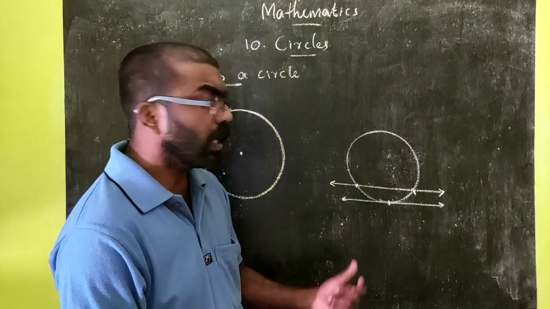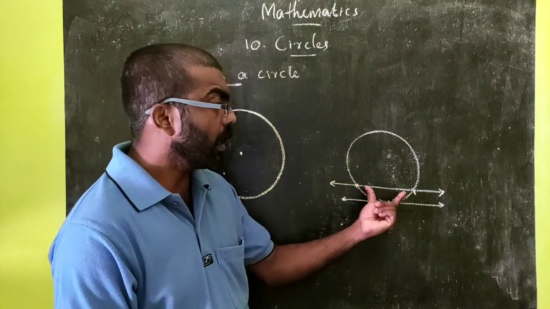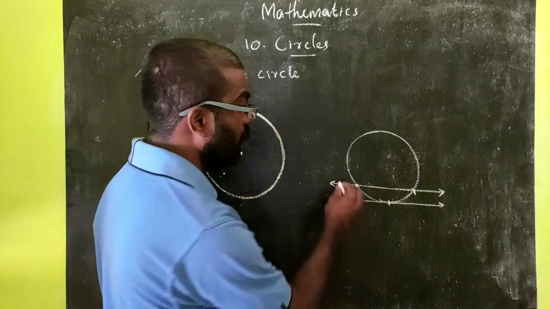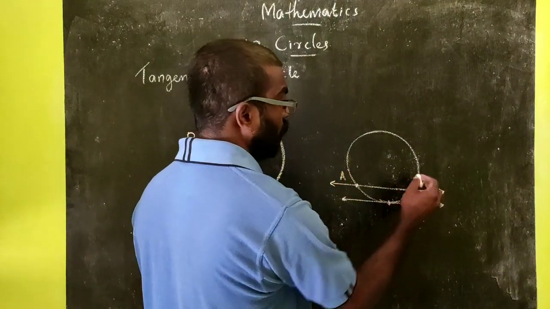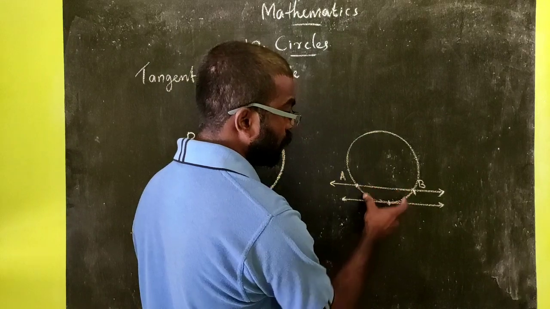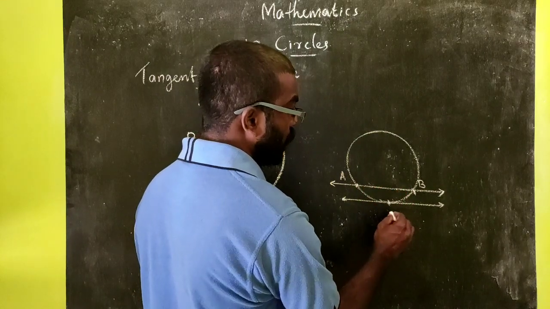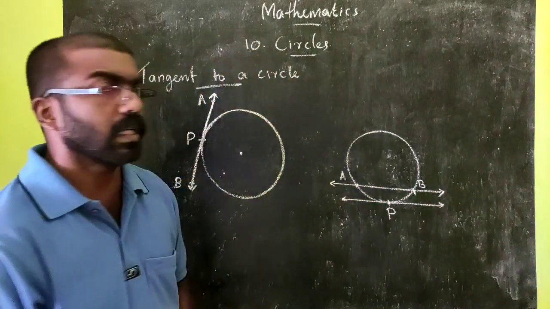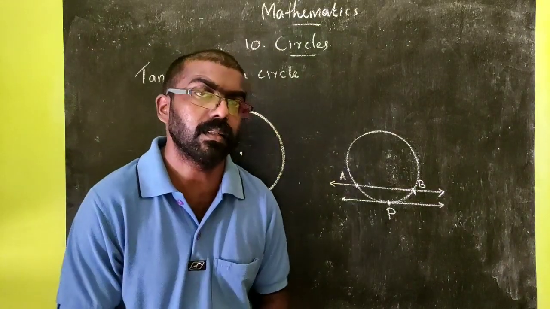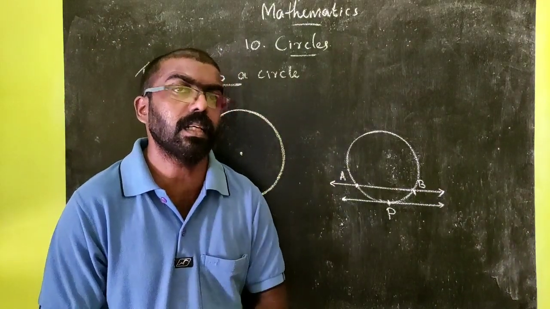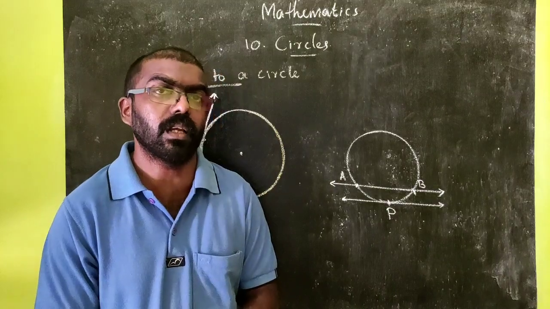Here A and B are the end points. If both the points coincide at a common point, here it is P, then it becomes a tangent. So we can conclude tangent is a special case of secant.